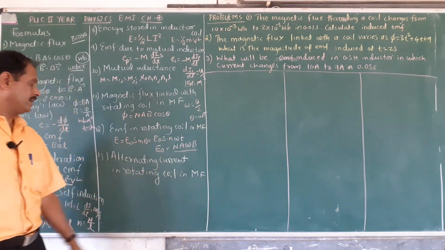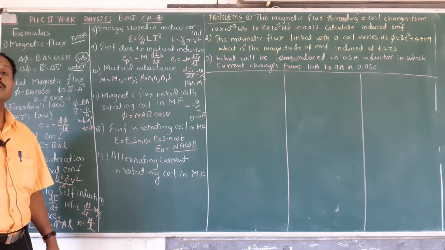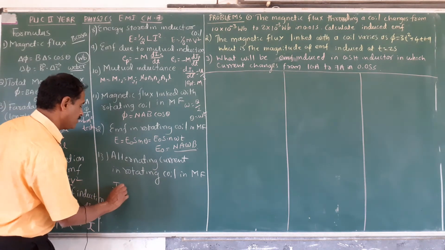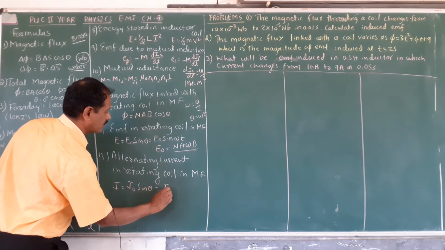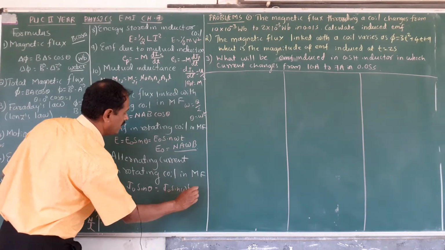Alternating current in a rotating coil AC generator is I equal to I naught sin theta, that is I naught sin omega t.